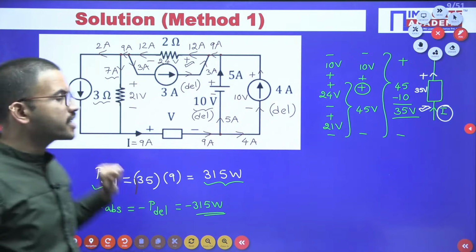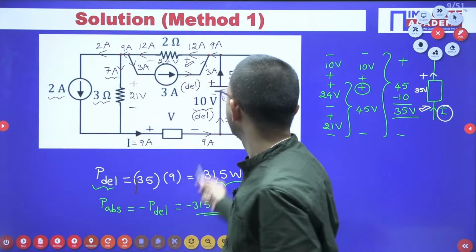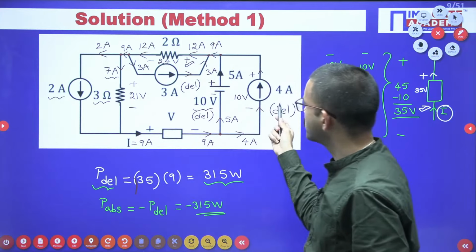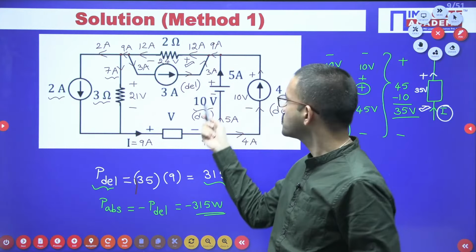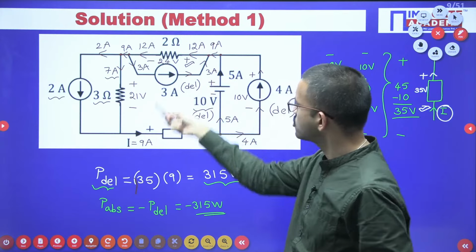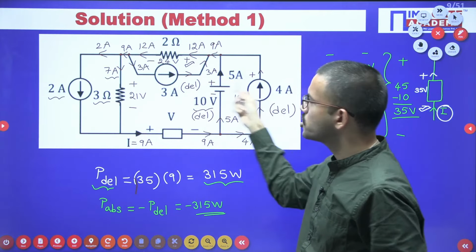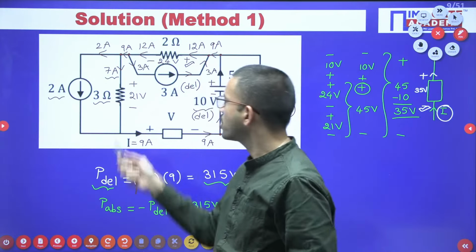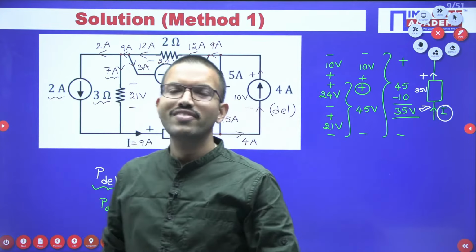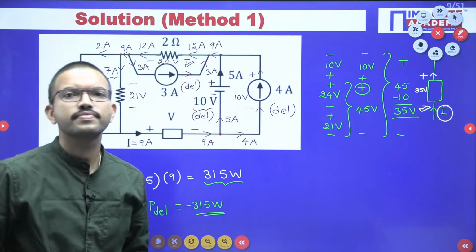I have considered the unknown element, the 4 ampere source, the 10 volt source and this 3 ampere source. All these 4 elements are delivering. What about this 2 ampere source? Is it delivering or absorbing?